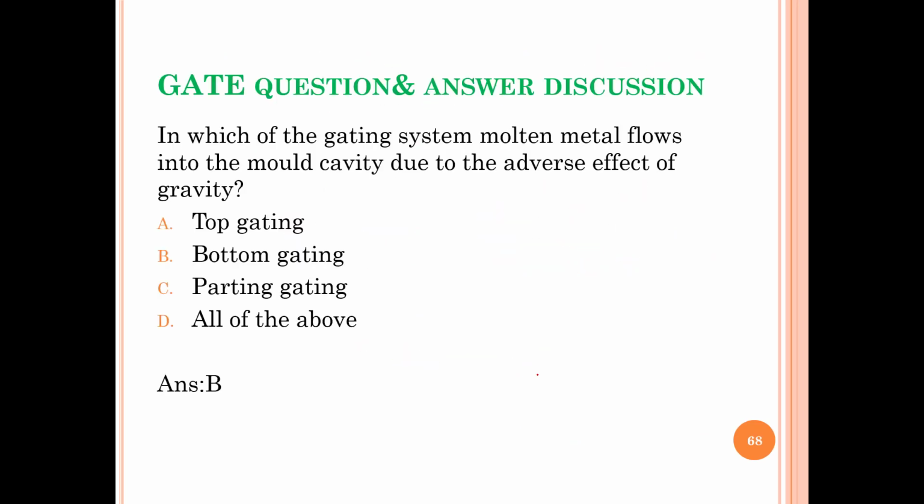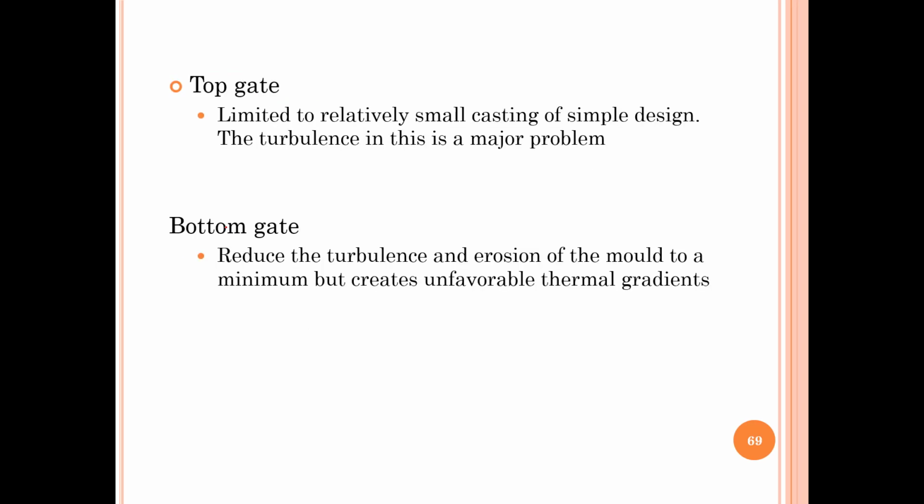Okay, next one: in which gating system does molten metal flow into the mold cavity against the adverse effect of gravity? The answer for this question is bottom gate. The top gate is limited to relatively small castings of simple shapes, so it is limited to simple shape designs. Turbulence is the main problem.